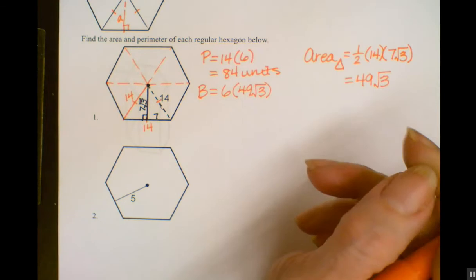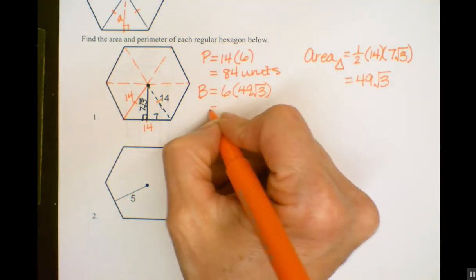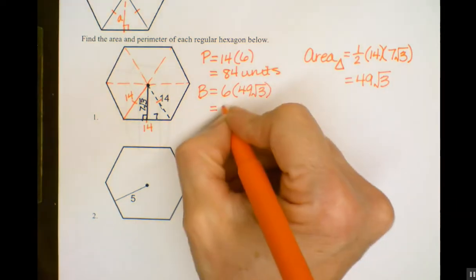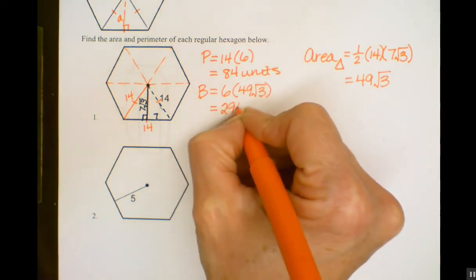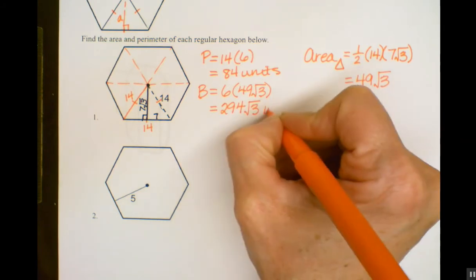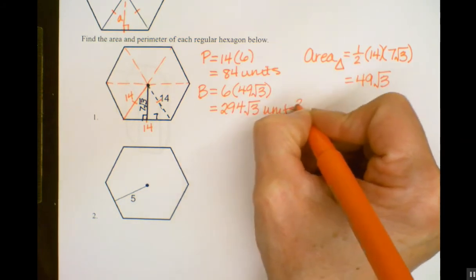Now, if you're asked for an exact answer, then you'd simply want to take 6 times 49. Don't include the square root 3, because there again it's going to give you that irrational result that we don't want. 294, which is 6 times 49, square root 3, units squared for our area.